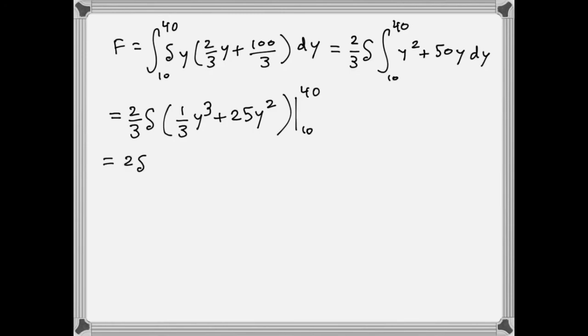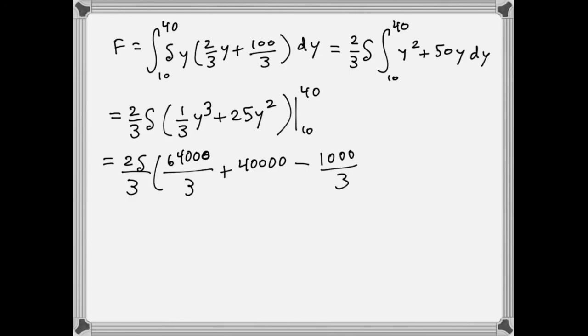So here's what we end up with. 64,000 over 3 plus, and then here, if we square 40 and then multiply it by 25, we get 40,000. And then I'm going to do minus, if I plug in 10, I get 1,000 over 3. And then I'm going to do minus, plugging in 10 into the second term, we end up with 2,500.